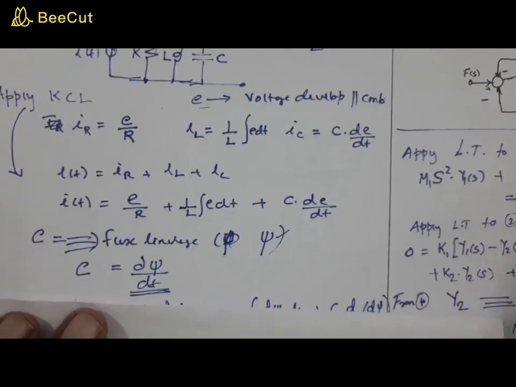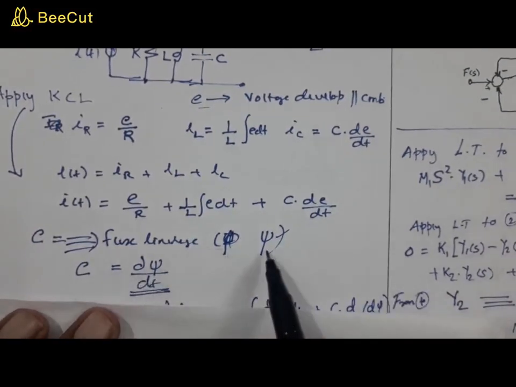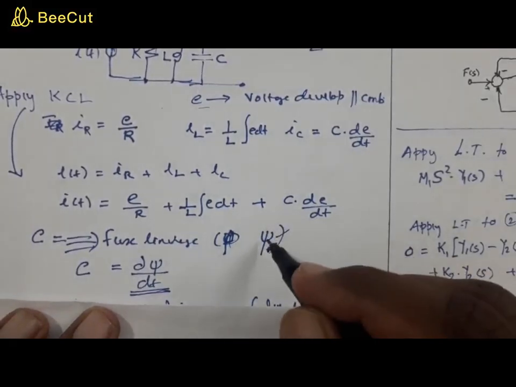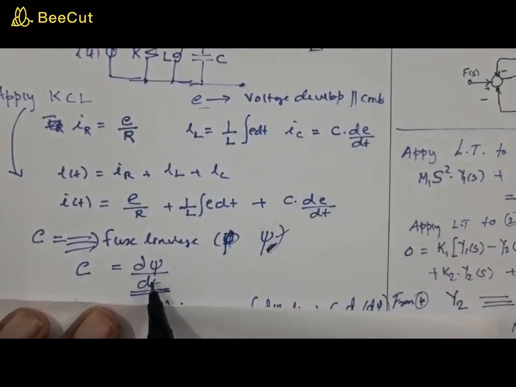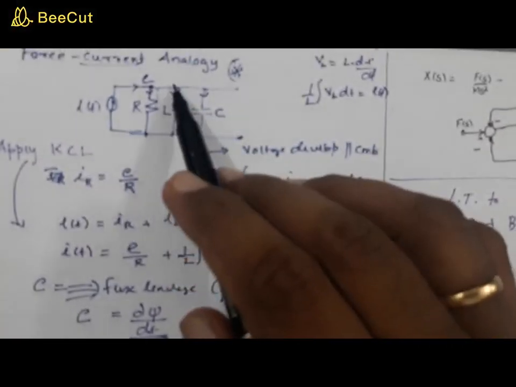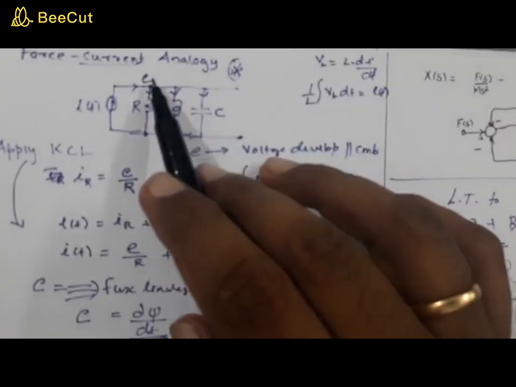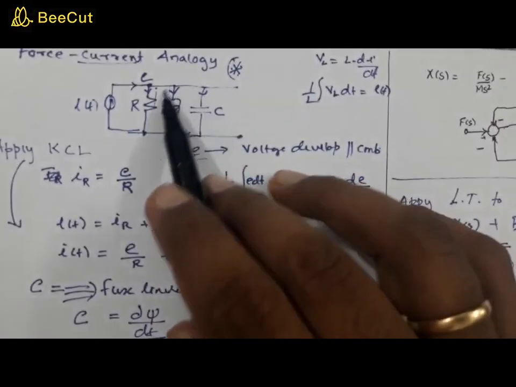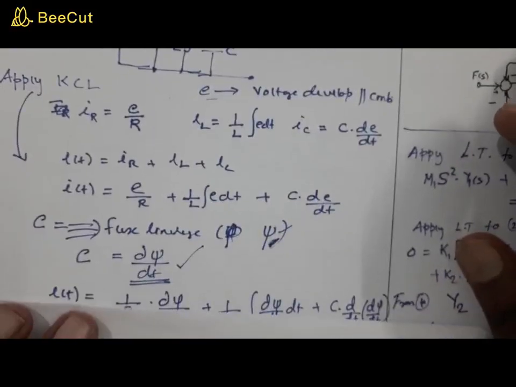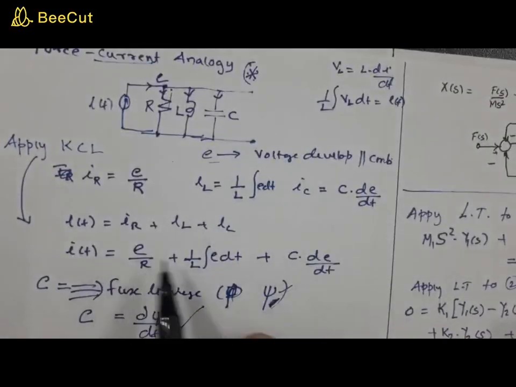E is actually the flux linkage rate of change, the back EMF induced by this inductance. So that back EMF has to be the voltage across, equal to d psi by dt. So you can make use of the characteristic of inductance here.